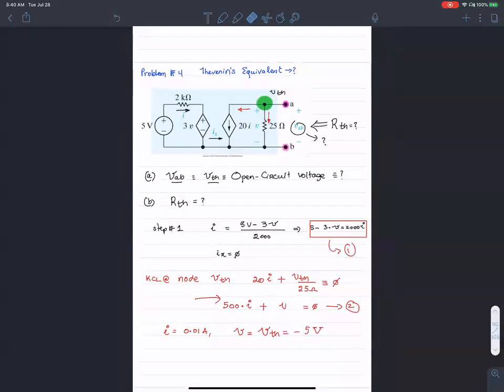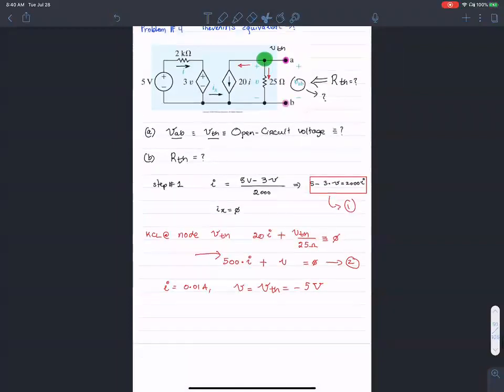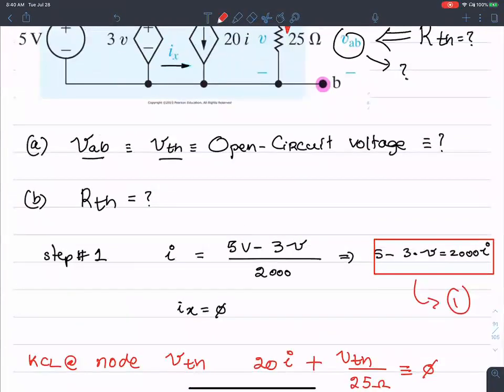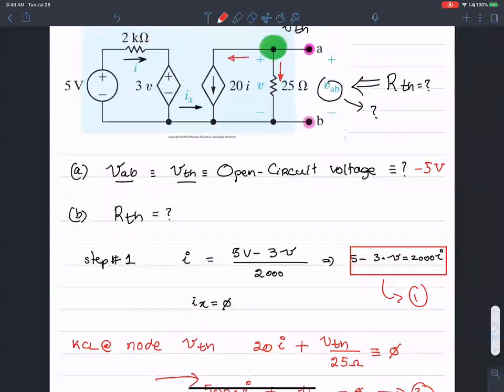For this circuit, let me copy this. We have to find the VThevenin. We sure did find the value of VThevenin to be minus 5 volts. So what remains is to find the RThevenin.